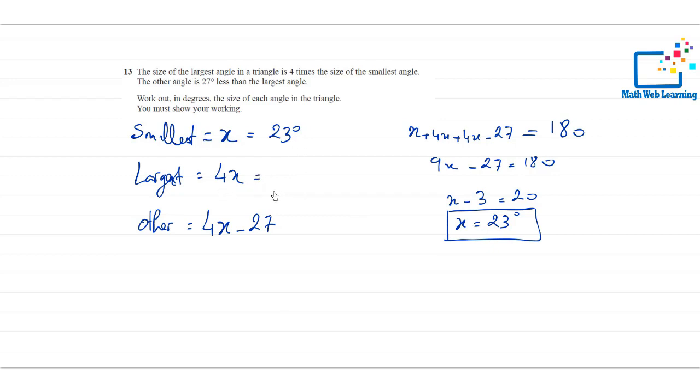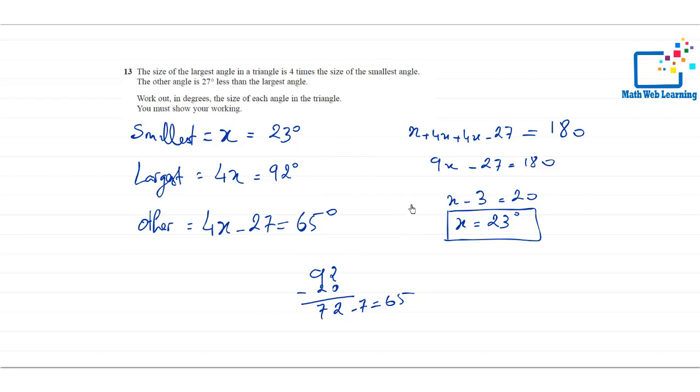Now 4 times 23 is 92 degrees. And you can do this in a calculator or mentally, it's up to you. You do 92 minus 27. Let's do it here. 92 minus 20 first, which is 72, and then minus 7, that gives me 65. So the answer is 65. So these are the three angles.